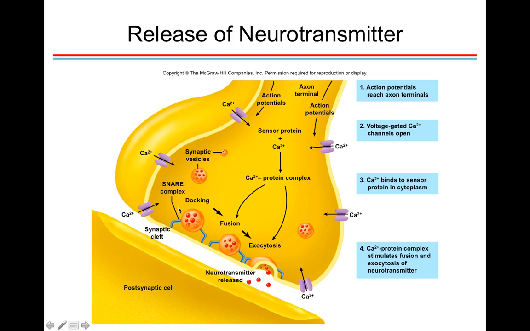The SNARE complex basically helps this vesicle attach near the plasma membrane, but it cannot exit and fuse with the membrane without calcium combining with a special protein. We call that a sensor protein, and it's going to bind this protein and make this calcium-protein complex that allows the release of this vesicle via the process of exocytosis.